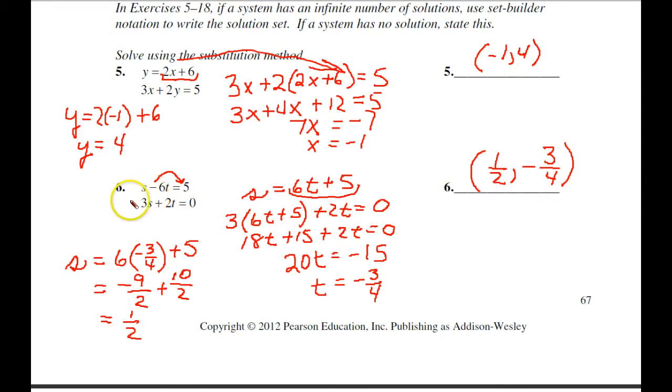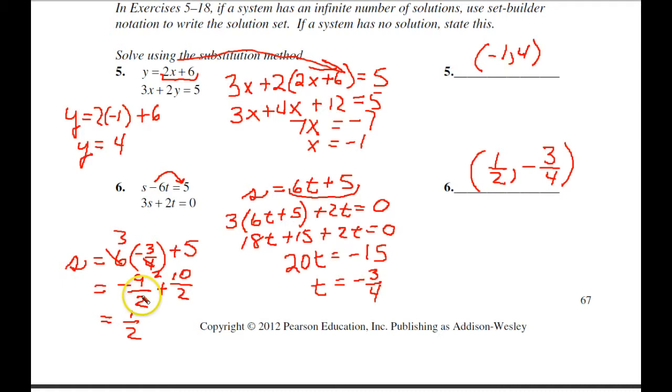So I'm using that first equation, or this one here. S equals 6 times our t, a negative 3/4. And I simplify. I cancel out there. This becomes a 3. This becomes a 2. So I go 3 times negative 3 gave me a negative 9 divided by 2.